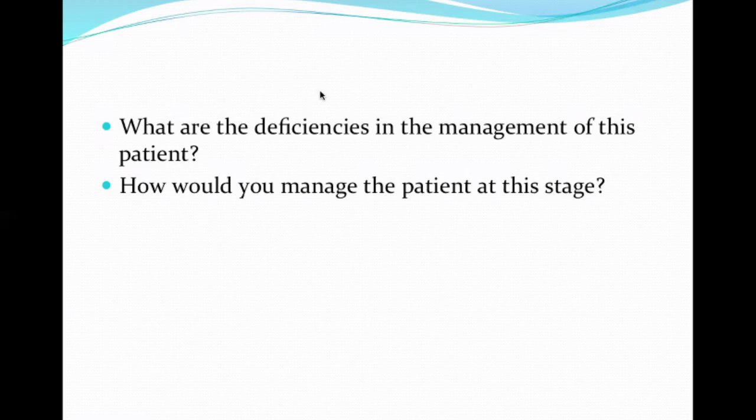So that would be one way of avoiding this type of problem in the future. But is there a problem in not giving angiotensin receptor blockers or ACE inhibitors for patients with hypertension and diabetes? You had a lecture on diabetic nephropathy, no? Diabetic kidney disease.